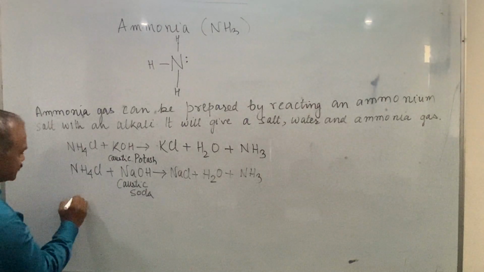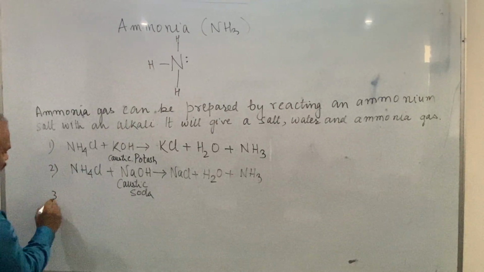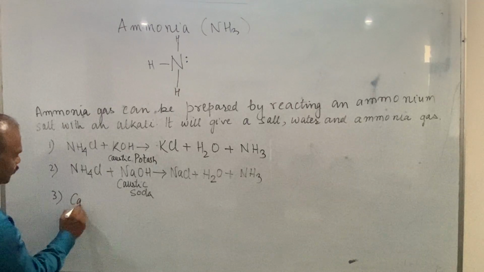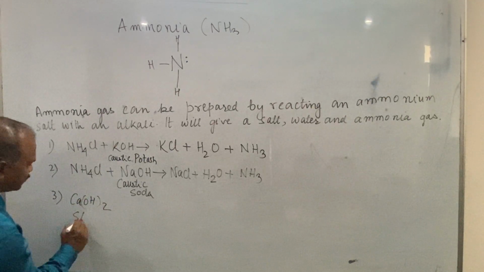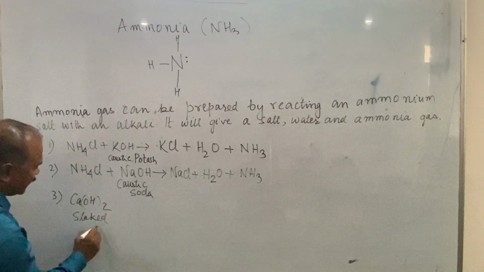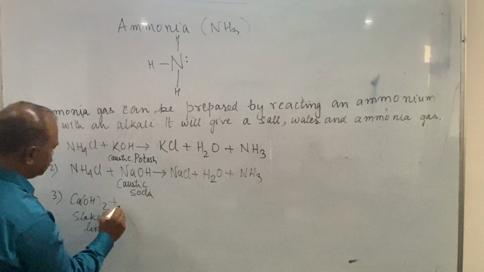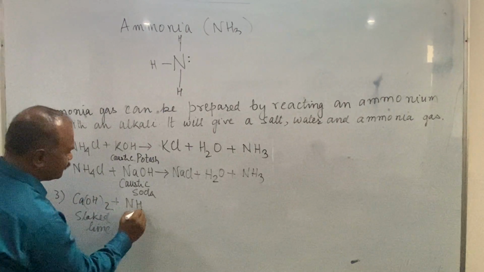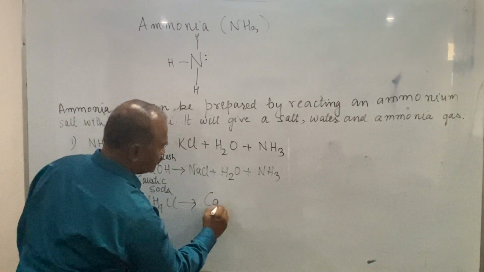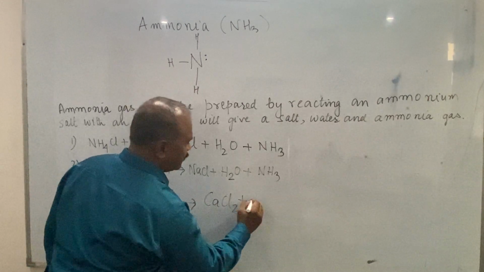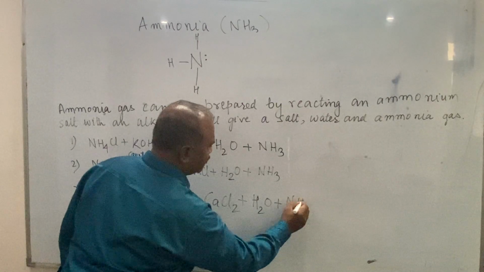And the third one, this is the first one, this is second, and this is the third one: Ca(OH)2, calcium hydroxide, which is called slaked lime, plus NH4Cl will give you CaCl2, calcium chloride, plus water plus ammonia, NH3.